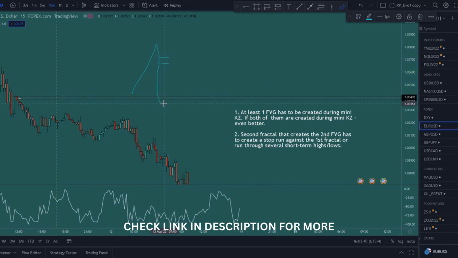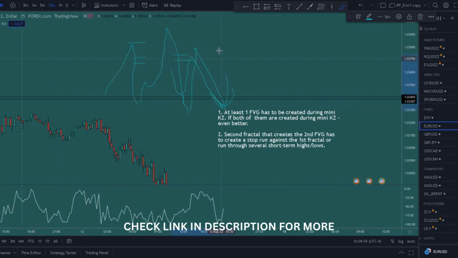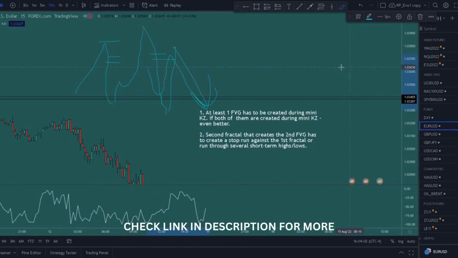Now the second high probability trade is if the second fractal breaks this high, and then it can either break this low and then price reverses, and let's say there's an imbalance and reacts off of it to the downside, or it doesn't have to break this low, it can just come back also and then drop too. That's the logic. And if you really look at it, it looks like your head and shoulders pattern.